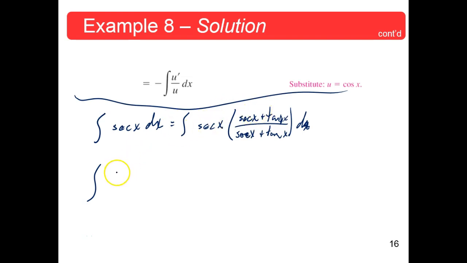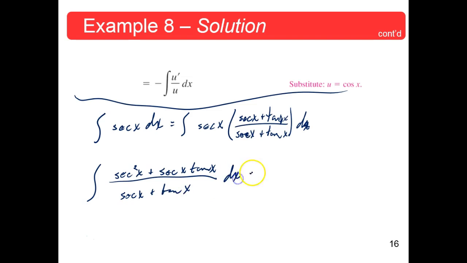Numerator to numerator. Secant x times secant x is secant squared x plus secant x times tangent x. Okay? And divide that by secant x plus tangent x dx.